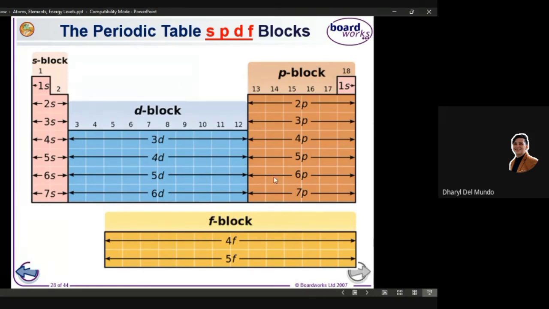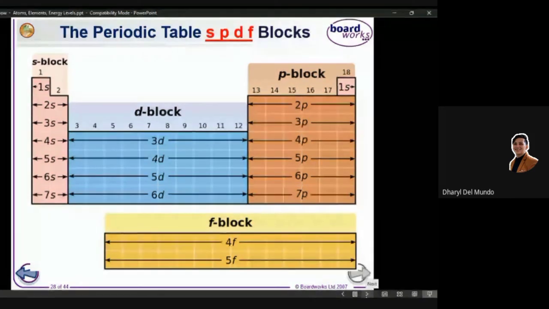When you are looking at the middle part of the periodic table, this is the D block. And of course, the last one is the F block. Am I clear? So we have S, P, D, and F. But I remind you guys that here, helium is considered as S block. Alright? So you put helium on this side. Am I clear? So helium here is not in the P block but in the S block.